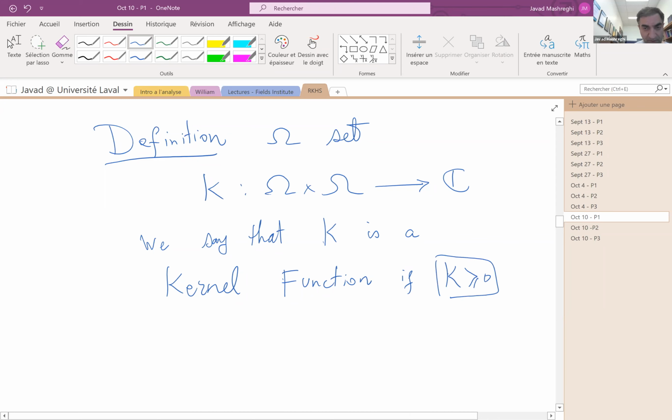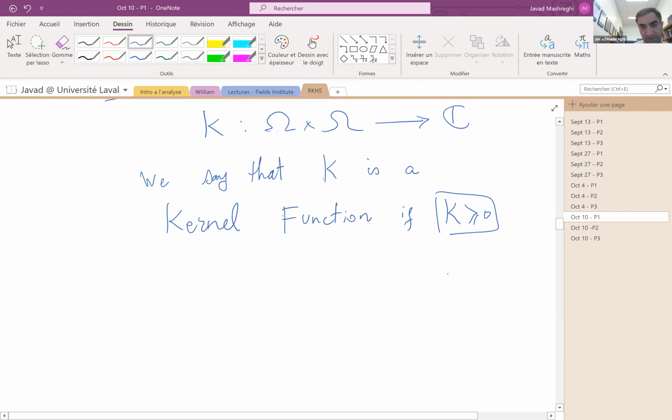What does this mean? I repeat the definition we already had before.